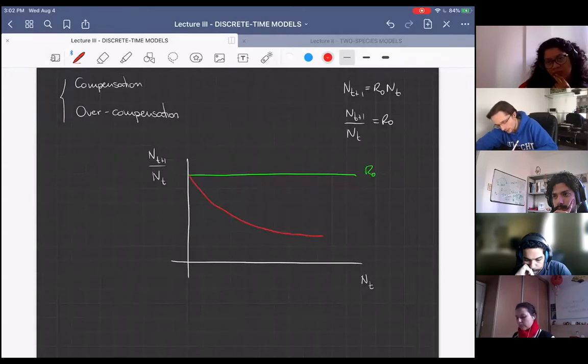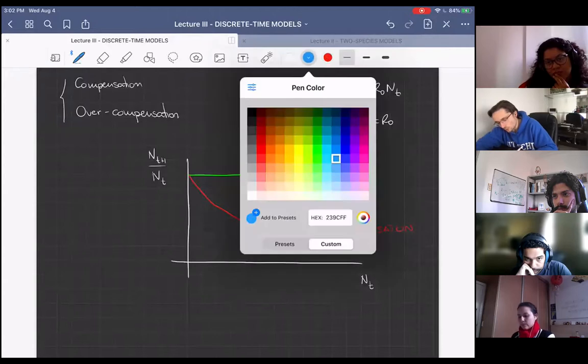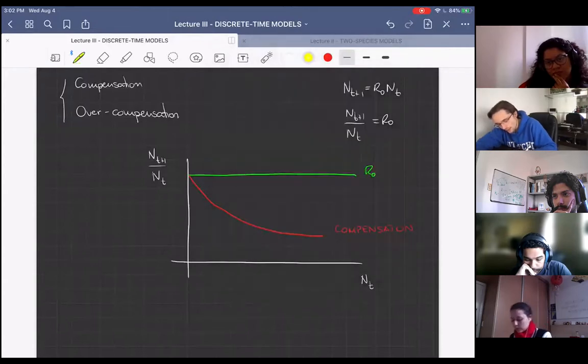This is going to be compensation, and we're going to put mathematical forms for this, so don't worry at this moment. And what do I mean by overcompensation? By overcompensation, I mean an extreme way of compensation that basically is going to make my relative growth rate decelerate and hit zero at some point.